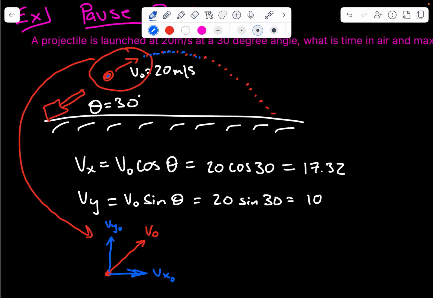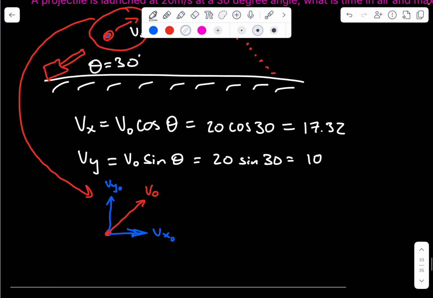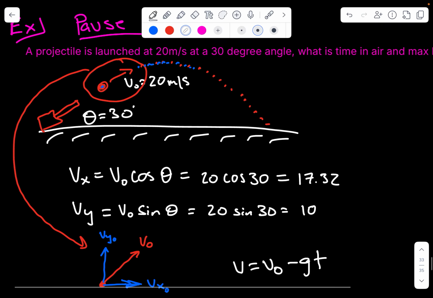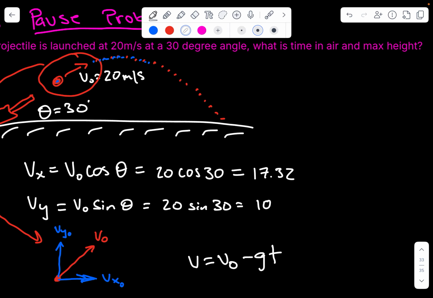So let's go into the next step. I'm going to solve for time, just because when I looked at my formula sheet, I found this formula: V is equal to V naught minus GT. And we want to know the time in the air and the max height. So we know that at the peak, our vertical velocity is 0.